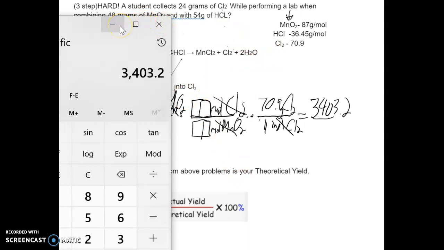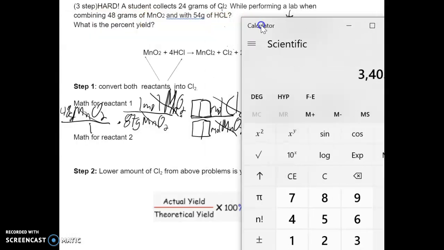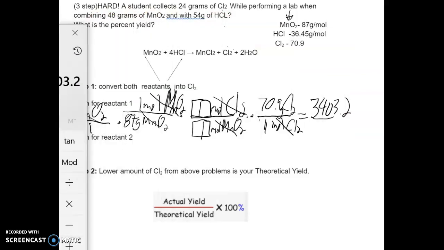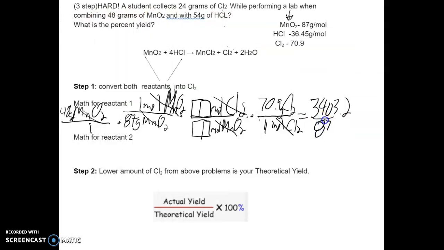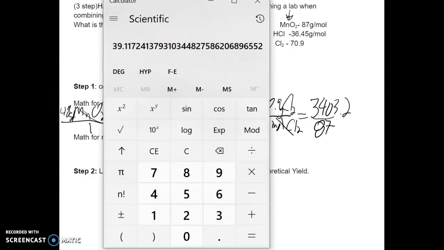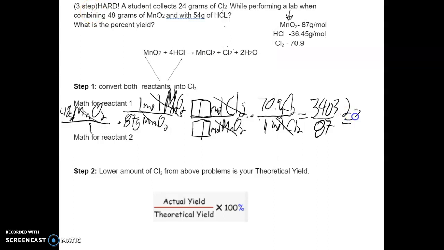Yep. Now I got to get the bottom number, so I'm going to do it again. 1 times 87 times 1 times 1. Well, I know that one, 87. So now my top number divided by my bottom number equals 39.12 grams of Cl2.